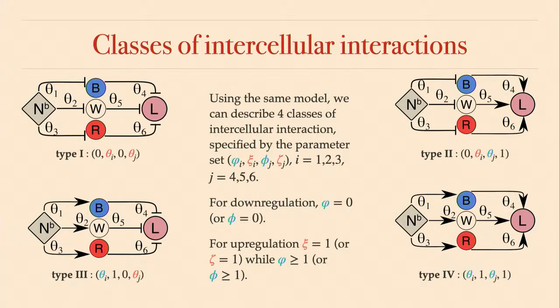Essentially, we are going to write this in terms of a set of four values, that will correspond to the phi i, psi i, and the other phi j and the zeta j. But like I said, maybe let's not worry too much about this.